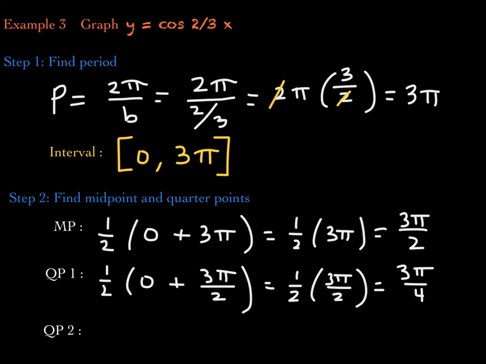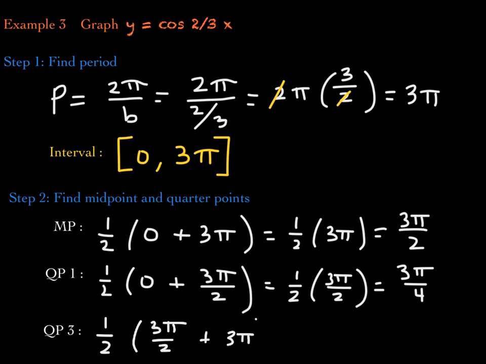Finally, find the third quarter point, because the midpoint is technically the second quarter point. I should say QP3. In order to find the third quarter point, I take half of the sum of my midpoint, which is 3 pi over 2, and my right endpoint.